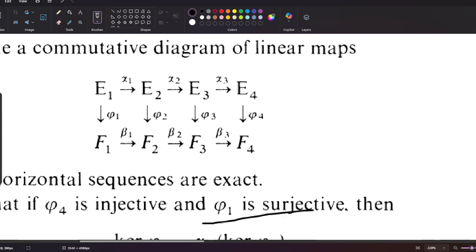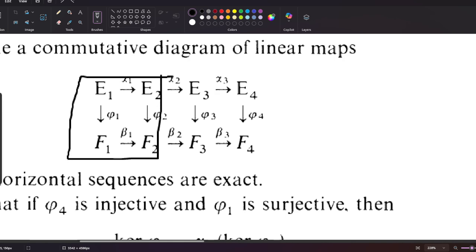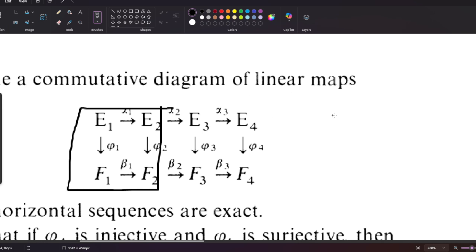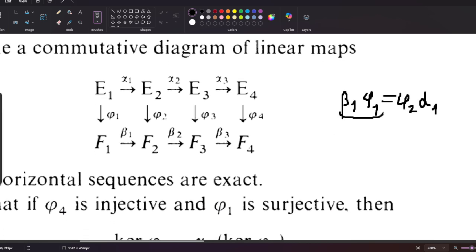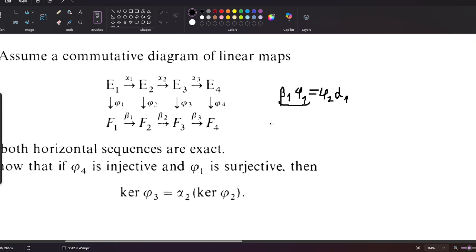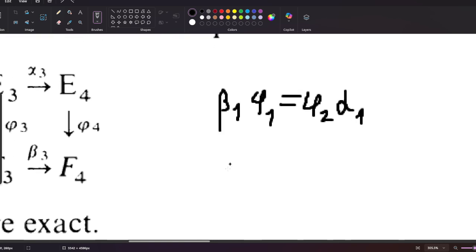For surjectiveness is directly related to the image, so it makes sense to review this quad. So the composition beta 1 phi 1 is obviously going to be equal to phi 2 alpha 1. Now if we take the image of this composition, it is just the image of beta 1 because phi 1 is surjective.